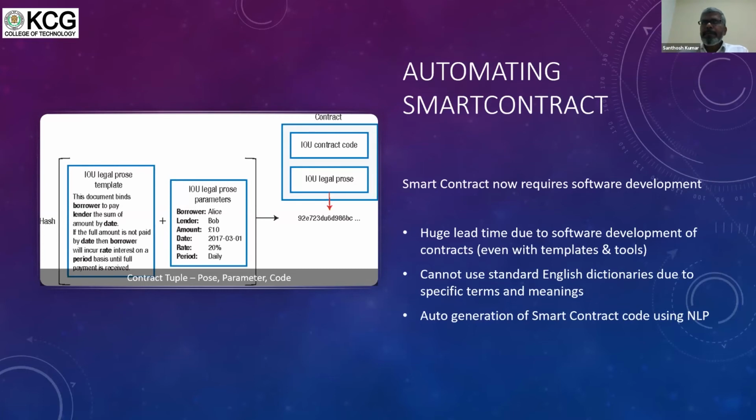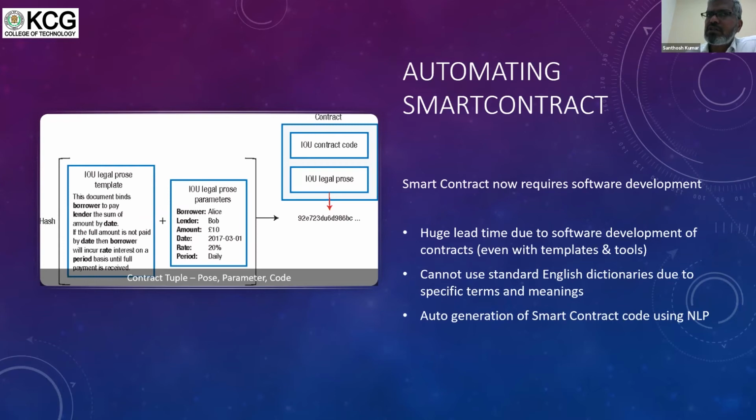Again, we all know that there are Watsons and Google APIs which give us English dictionaries for reading the legal contracts, and there are tools which can automate the generation of the code. But when you look at legal language, the English is very different from your day-to-day English, or the general English which is used.